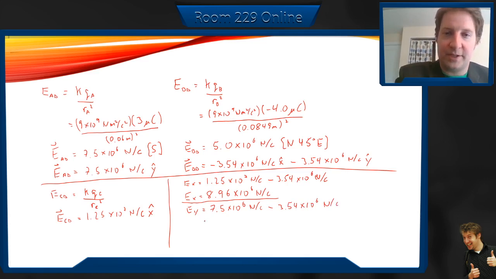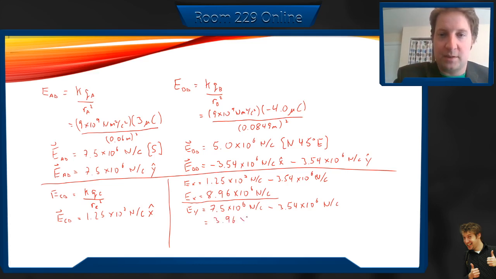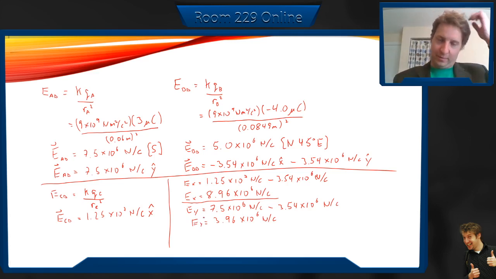This is all in the y direction. I end up with the final answer here of 3.96 times 10 to the 6 newtons per coulomb in the y direction. And this is in the positive y, or south.